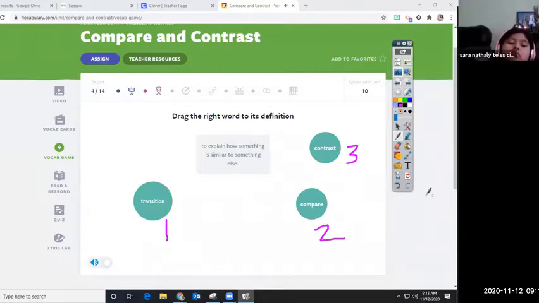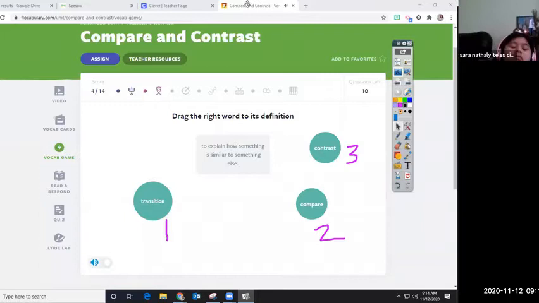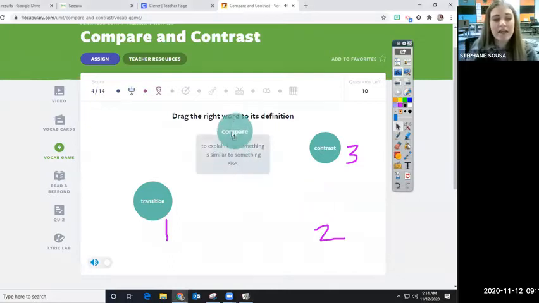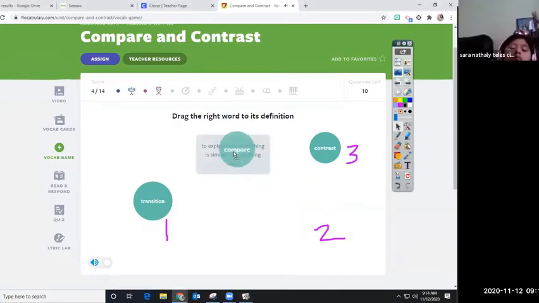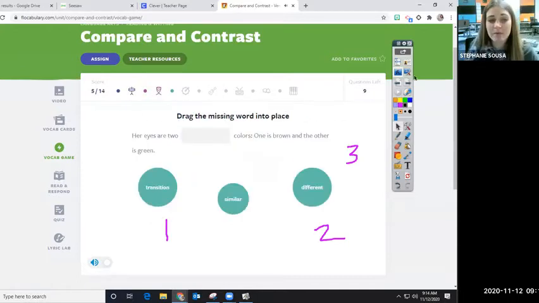You got to transition them, to compare them, or to contrast them. Looking at it, we are split down the middle on this one. Okay, I am seeing compare and contrast. Compare is the correct word. When we compare things, that's how we know they are the same. That's how we're looking at these similarities.